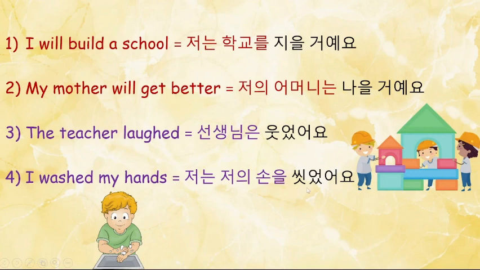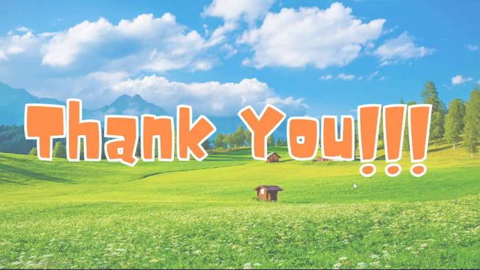Here the verb 씻다, which means to wash, is used. तो ये regular conjugation ही follow करता है, इसलिए sheer remove नहीं किया है और क्या बन गया? 씻었어요. Okay, so today we learned about the sheer irregular in Korean language.